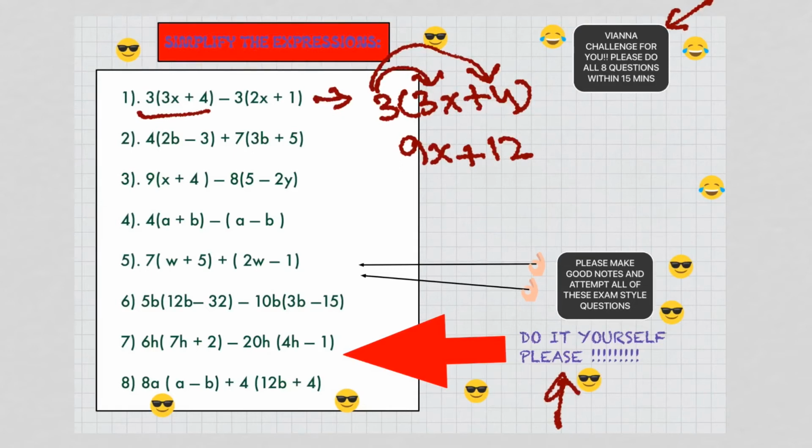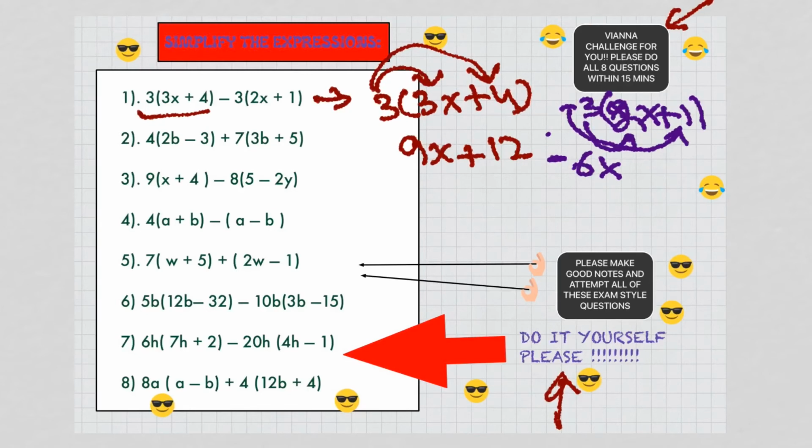Then after that we go minus 3x, -3 into 2x plus 1. So what you're gonna do, -3 times 2x is -6x, -3 times +1 is -3. This minus sign will change the sign of everything inside the bracket, which I just explained to you in full detail.